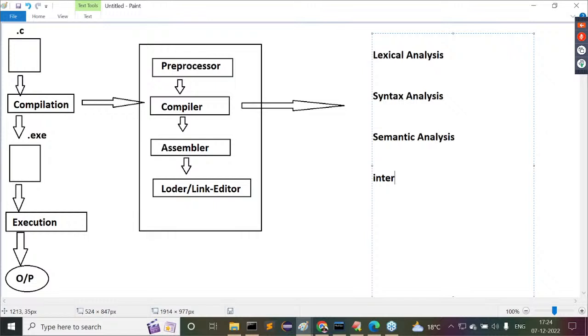Next one is intermediate code generation. Next one is code optimization. And the last one is code generation.